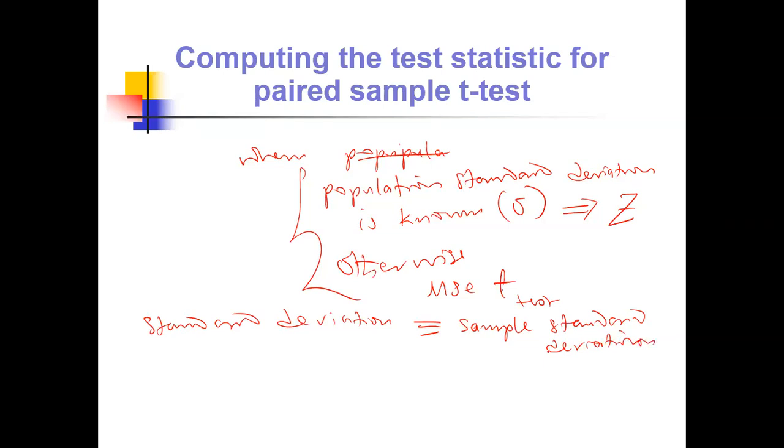Most questions seem to make it shorter, but whenever you see just the statement standard deviation, what that implies is sample standard deviation. If it is population standard deviation, the word population will be written in the expression.